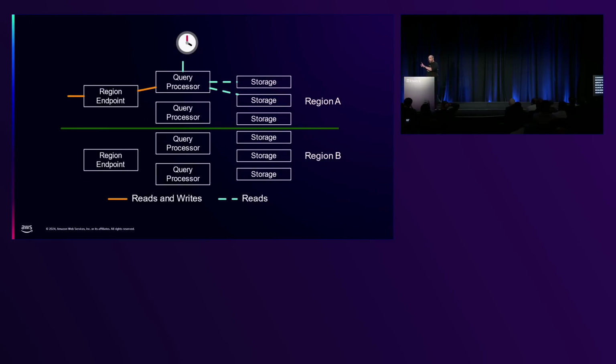And you can use that in your own applications, by the way. This isn't something we built only for Aurora, something you can take advantage of in your own stuff today in EC2. It's available to you. And so here we can see that the reads and writes are happening locally in region. The reads are going to local storage, and nothing has to cross that chasm, that long latency chasm that might cross a continent or cross the world.